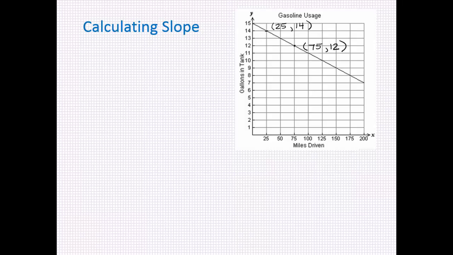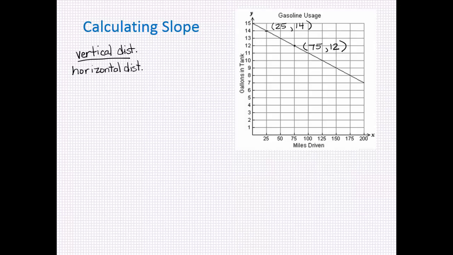Slope is a ratio, so it looks like a fraction. In the top of the ratio, we measure the vertical distance between these 2 points. And in the bottom of the ratio, we measure the horizontal distance. Okay? So in this case, you can think of it this way.